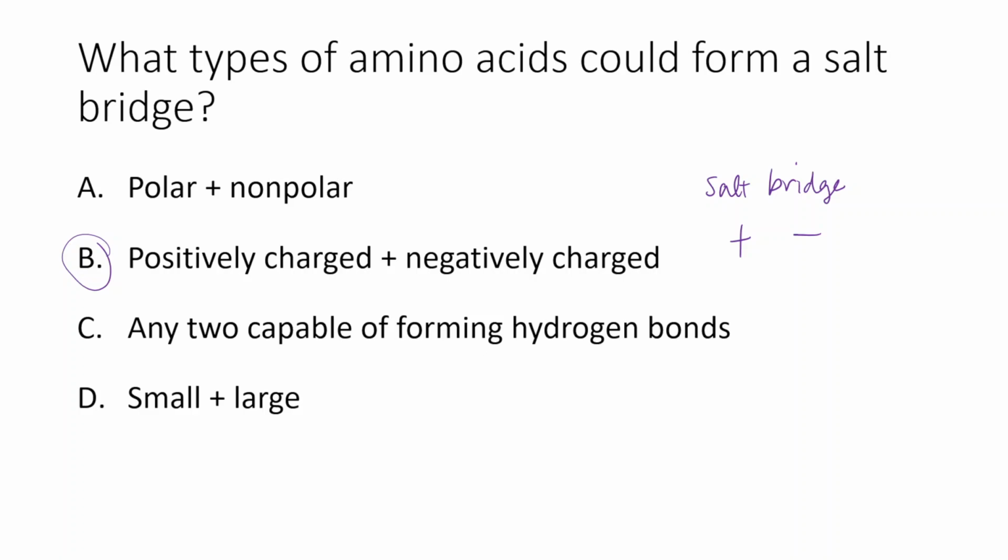In general, salt bridges are not super common in proteins. You'll see them. More often you'll see those other weaker types of bonds like hydrogen bonds and van der Waals and all those other interactions.